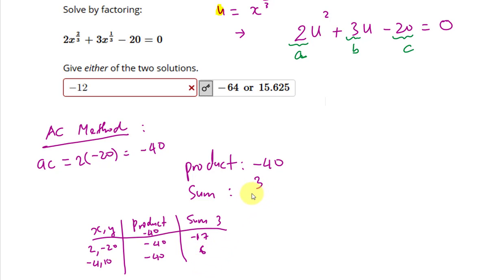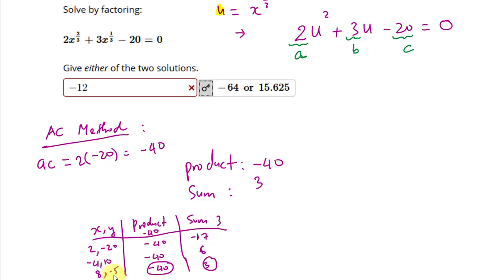That is still not 3. What about 8 and minus 5? 8 times minus 5 is minus 40, and 8 plus minus 5 is 3, which is what we want. So 8 and minus 5 are the two numbers we are looking for.